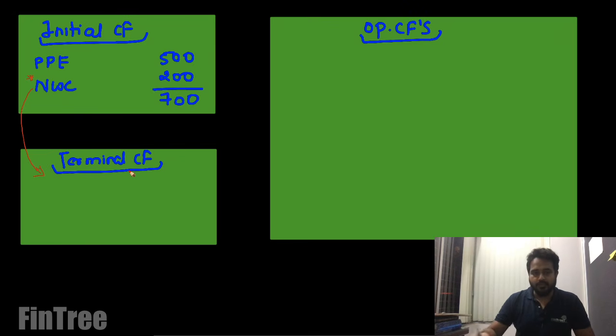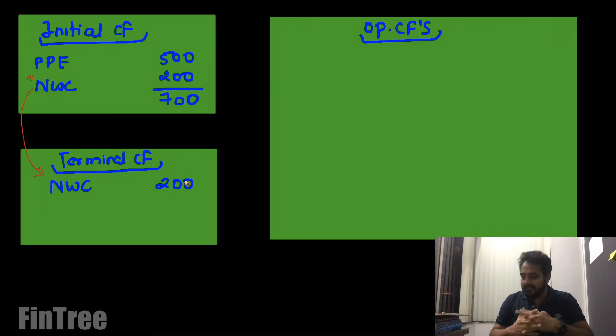Generally what they do is they give you a release ratio. What do you mean by release ratio? Had they said that we will release 60% of net working capital, then your inflow at the end would be 120, 60% of 200. But right now, since the question does not mention anything, I'm going to assume the entire net working capital is released. So the whole of 200 is an inflow at the end of it. Since it's a tricky concept, I'm taking the liberty of repeating it one more time.